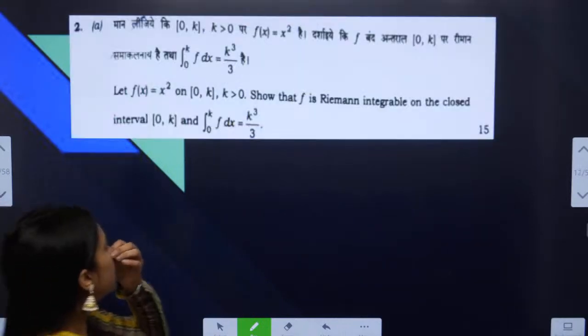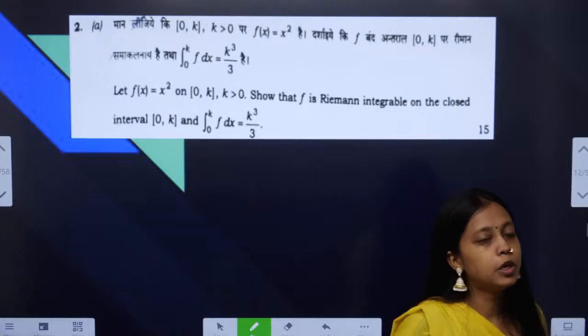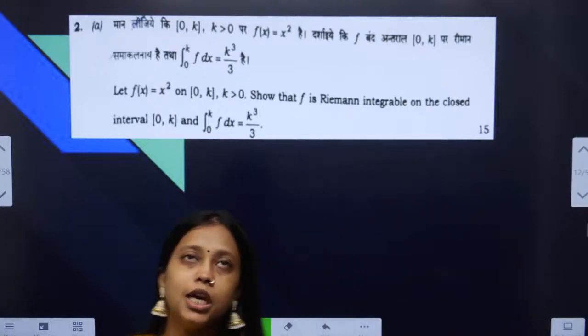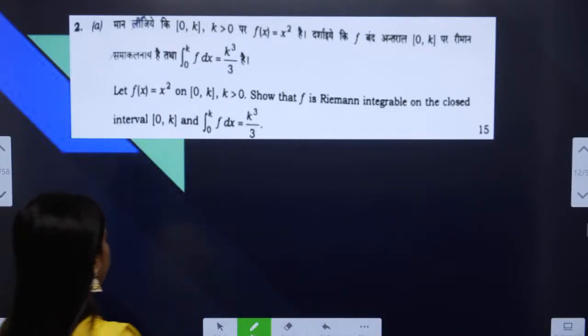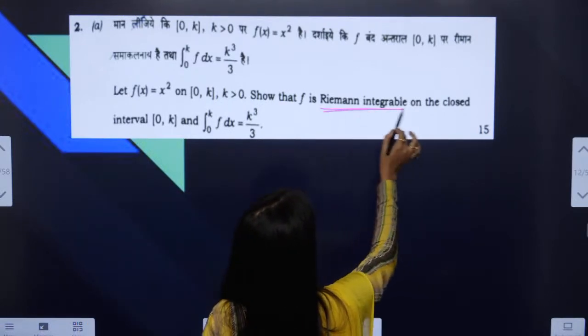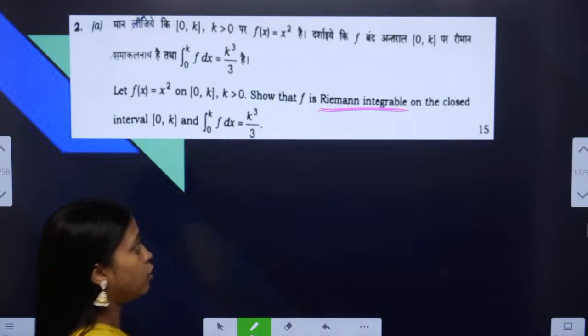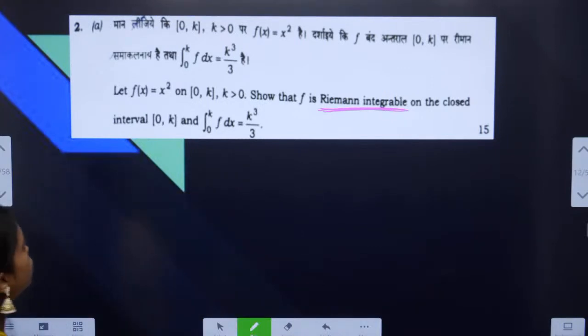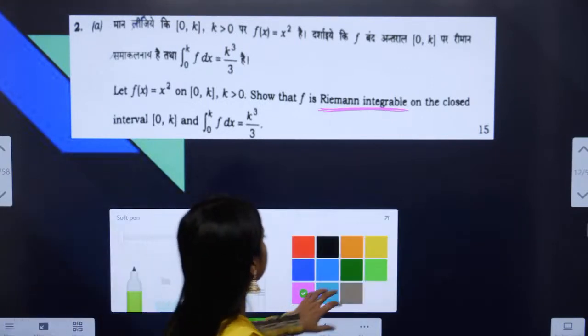Now, yes, this was again from the real analysis section, a very important one. In the real analysis, this is a very important topic, Riemann integrable. So, the function was not a very difficult function, simple, x square.